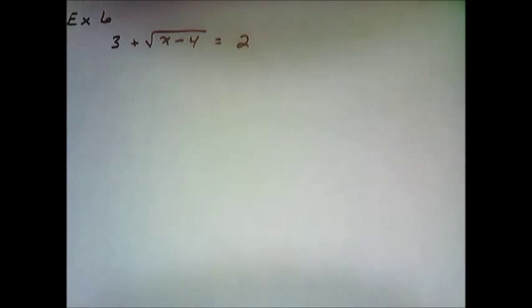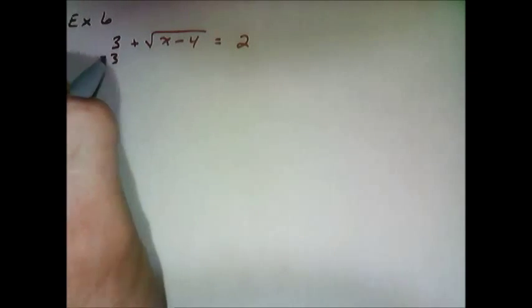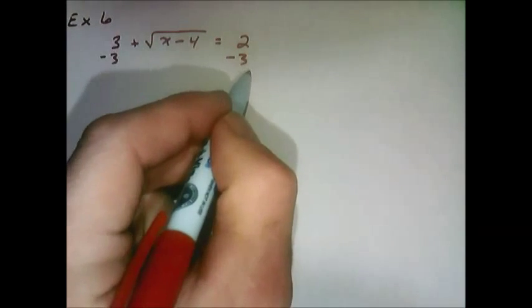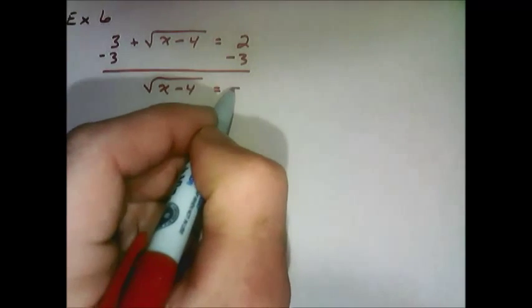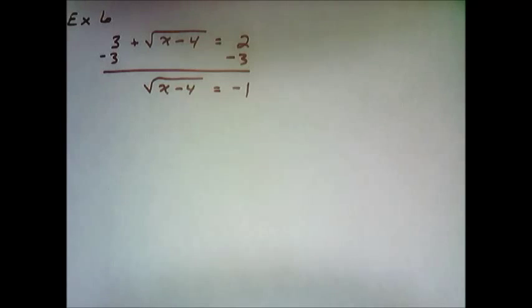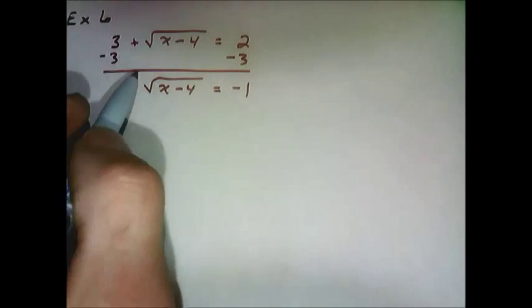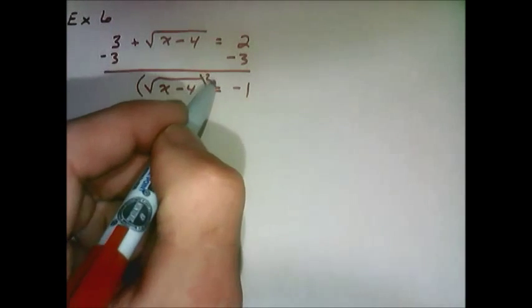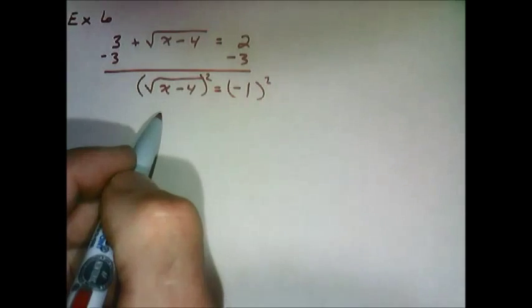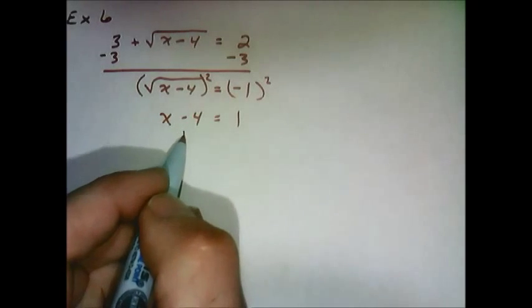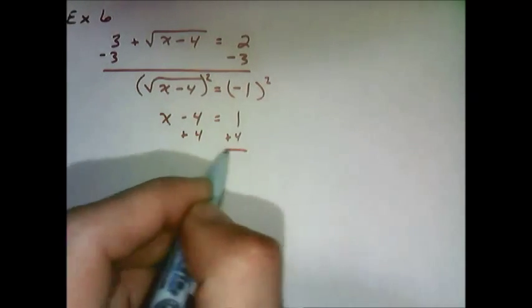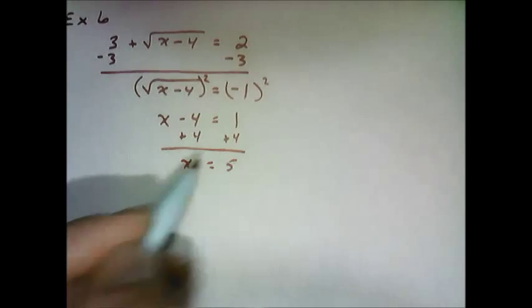Now if I go ahead and solve this, I'm going to subtract 3 from both sides. So I get the square root of x minus 4 equal to negative 1. We have the radical by itself, so we're going to square both sides. So we end up with x minus 4 equal to 1. And adding 4 to both sides, I end up with x equal to 5.